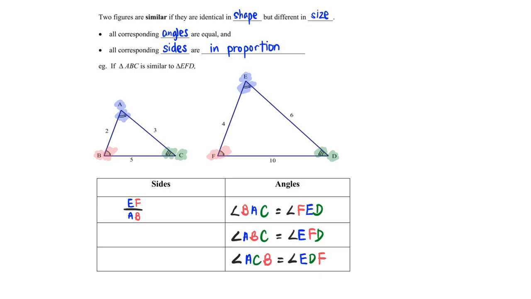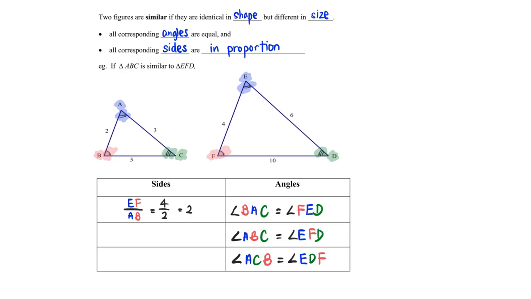I also make sure that it is in order. Then this will be equal to 4 divided by 2, which is 2. And I check for the other sides. They should also be of the same proportion.